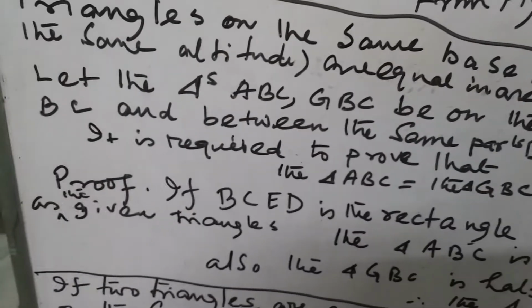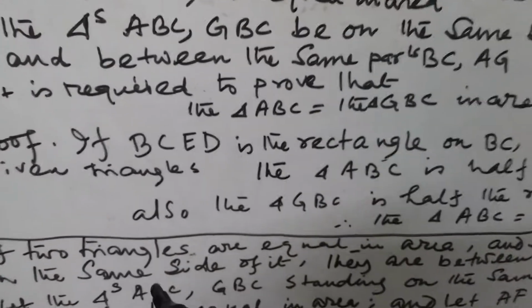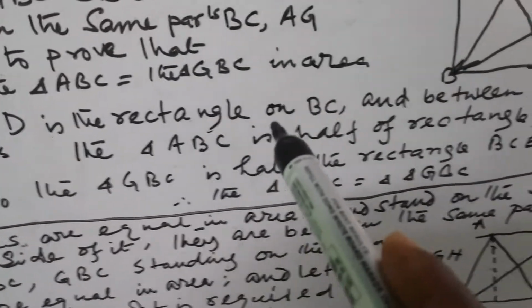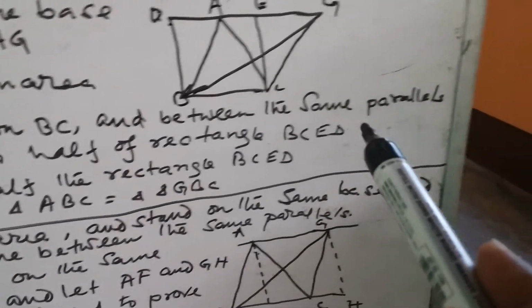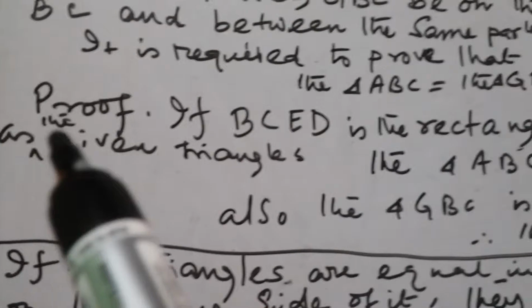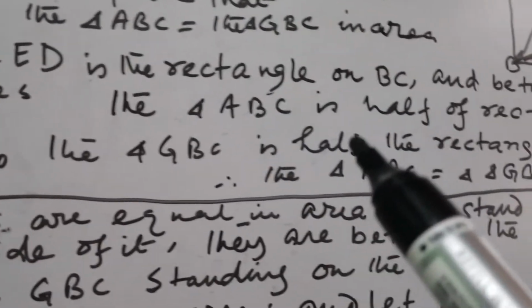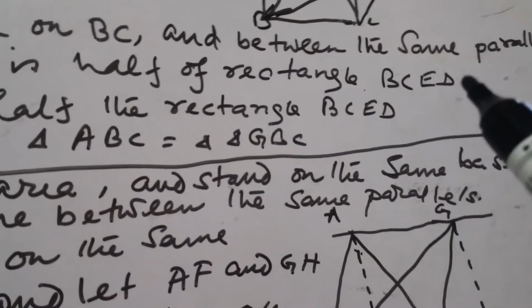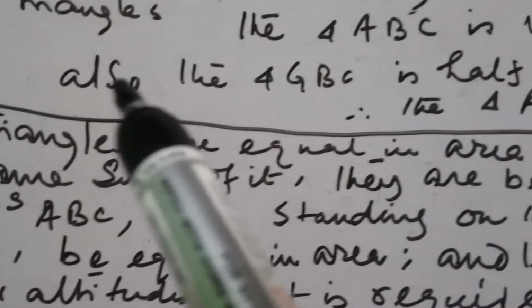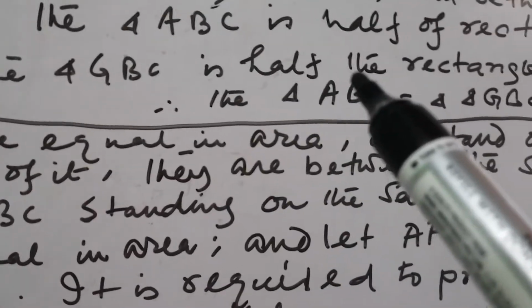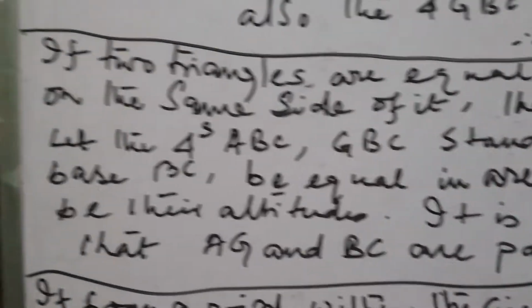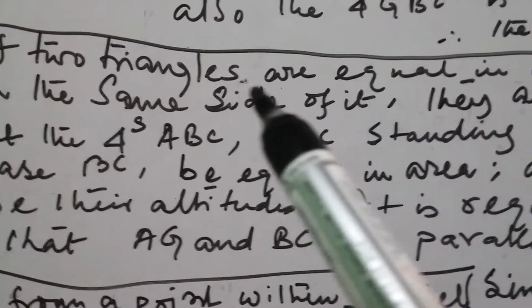Now I read that if BCED is a rectangle on BC and between the same parallels as the given triangles, then ABC is equal to half of rectangle BCED, and also GBC is equal to half of the rectangle, hence this.